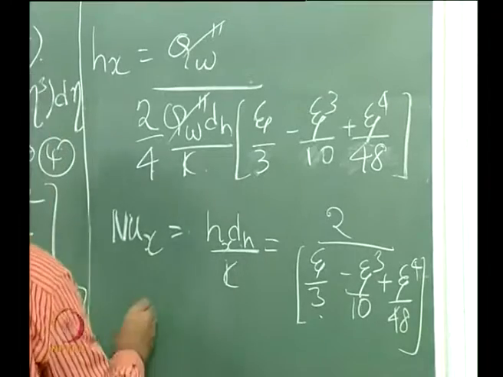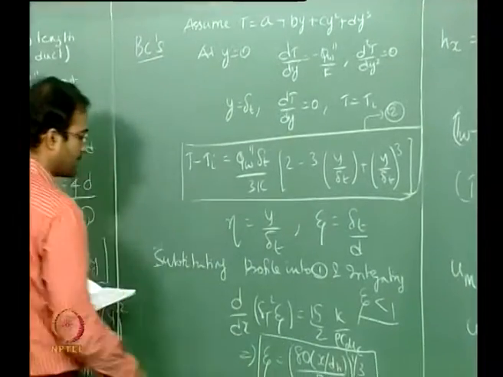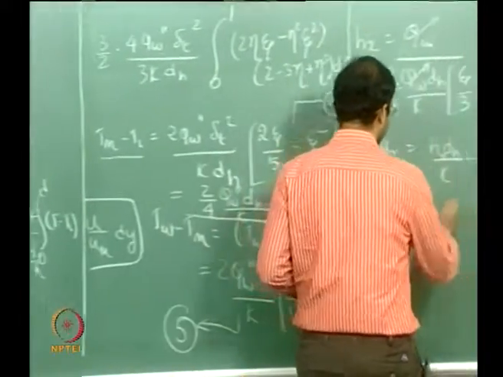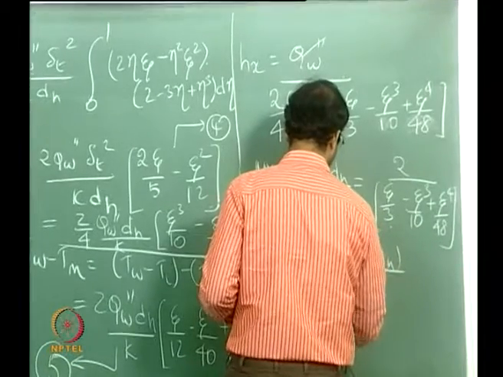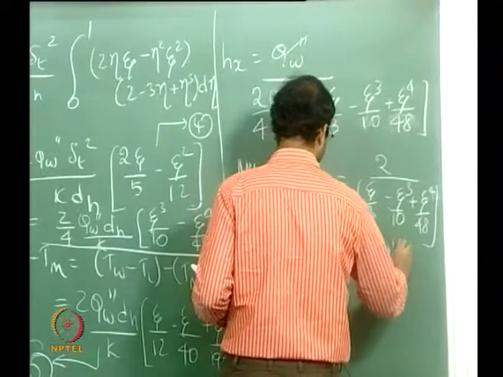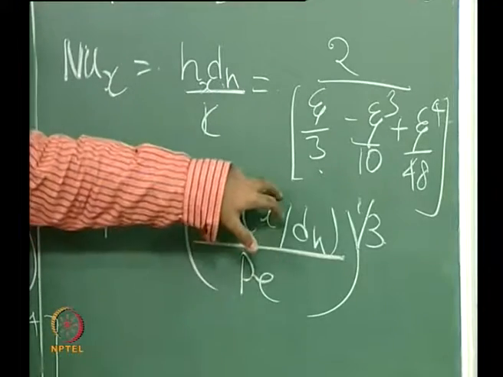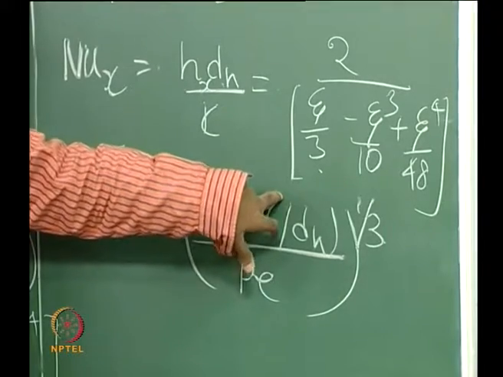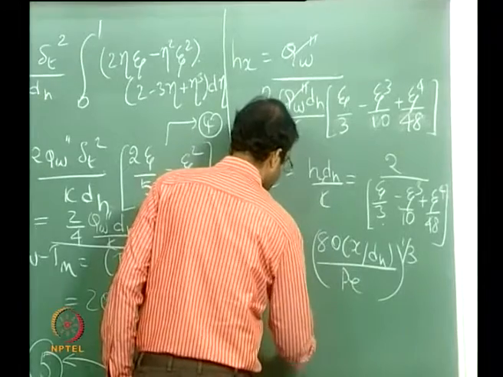where your zeta is nothing but we have already derived the expression for zeta by solving the energy integral, that is 80 times x by dh divided by Peclet number, whole power 1/3. So this non-dimensional ratio here, Peclet number by x by d, is nothing but the Graetz number.